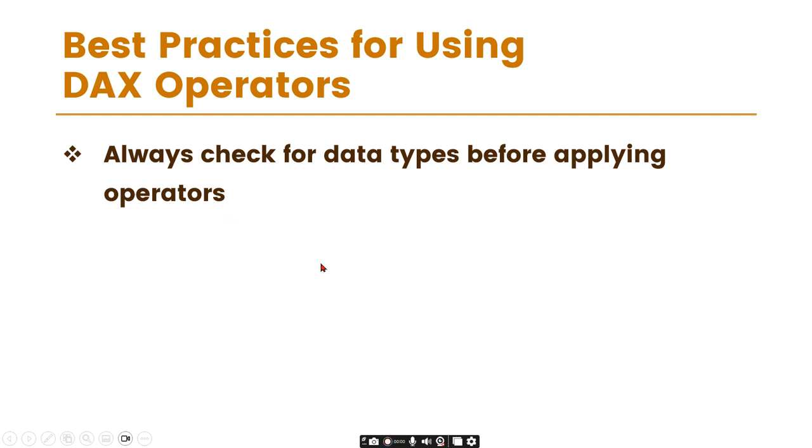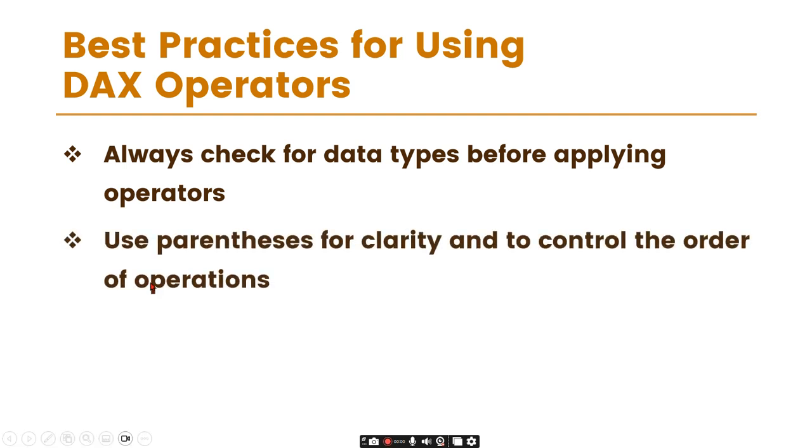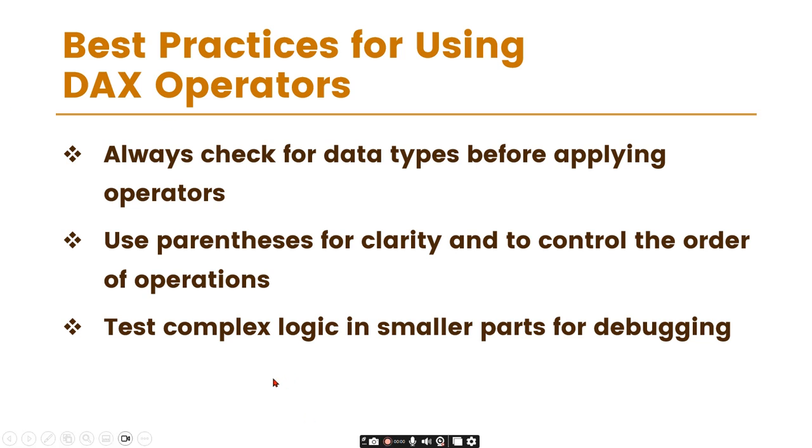Next, use parentheses for clarity and to control the order of operations. Sometimes we'll be using multiple calculations, say addition, subtraction, multiplication and so on, so please make sure that the parentheses, or brackets as we call them, are properly given so that we get the right results.